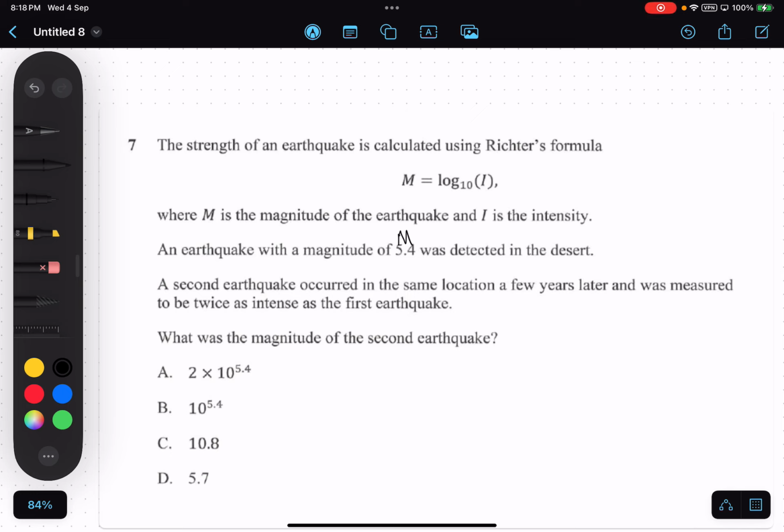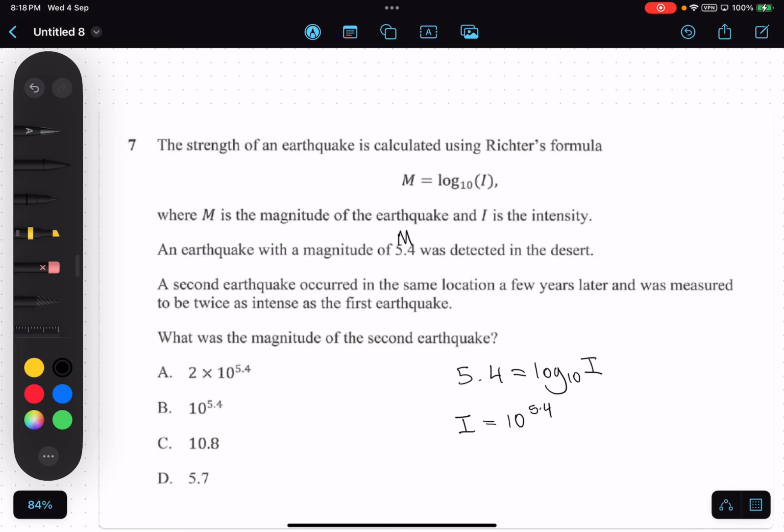Alright, so if we plug 5.4 into the M, we get 5.4 equals log 10 of I. And if you rearrange that, I equals 10 to the 5.4.